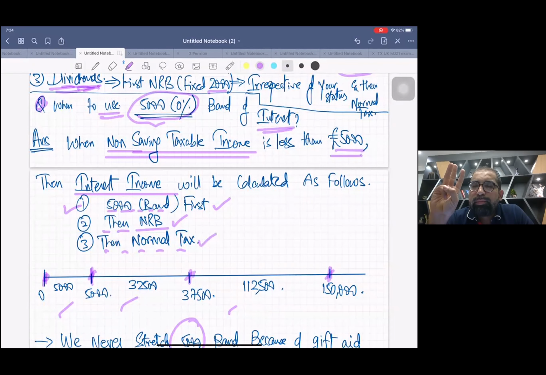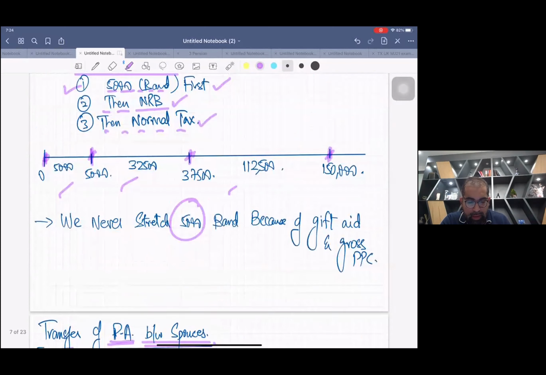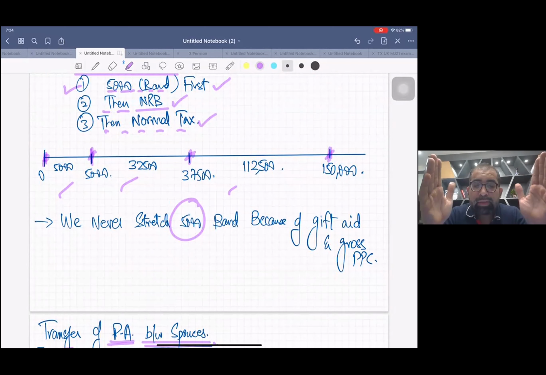Number three, the normal tax. Again, I have written here: we never stretch the 5,000 band because of gift aid and gross PPC. We never stretch it.